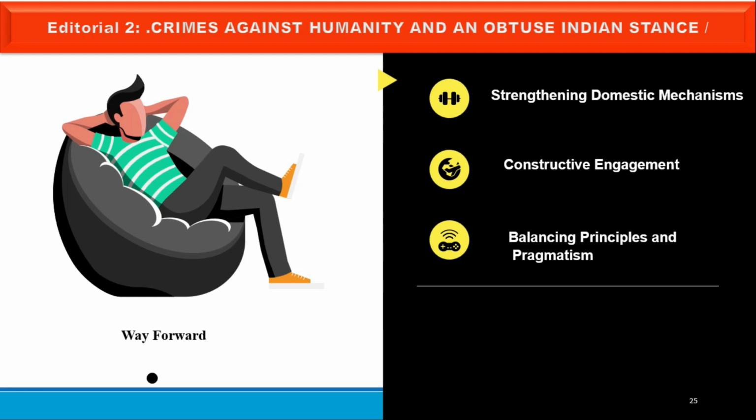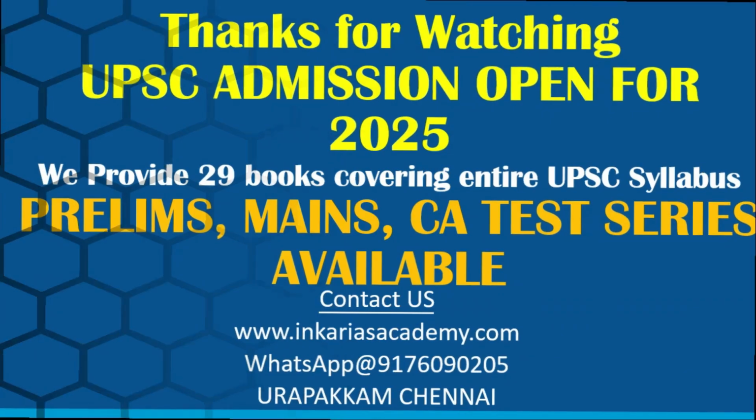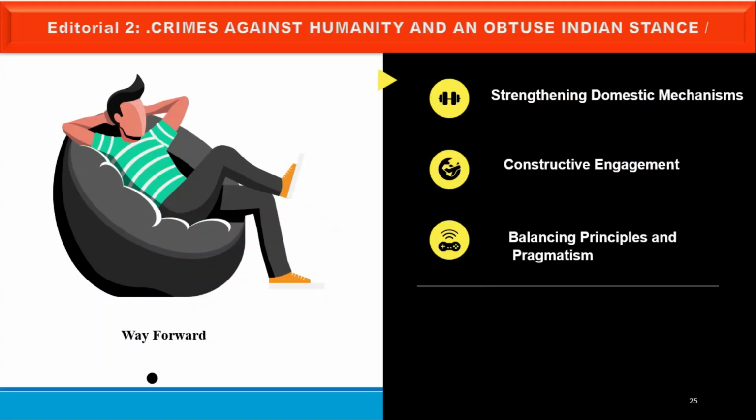So what's the next step? The way forward is that we must strengthen our domestic mechanisms. That is the only way to address concerns about accountability, by bolstering our own judicial and human rights systems to handle allegations of crimes against humanity credibly.